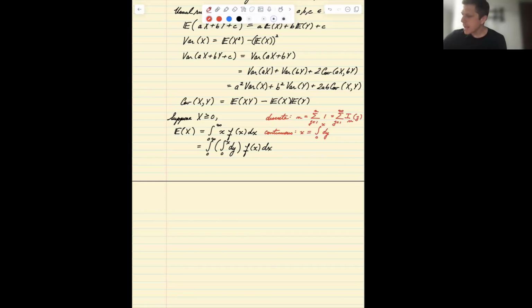And we can do the same exact thing in the continuous case. We take the integral from 0 to infinity of I sub x of y dy. And this is where I sub x of y is 1 if y is less than or equal to x and 0 otherwise.